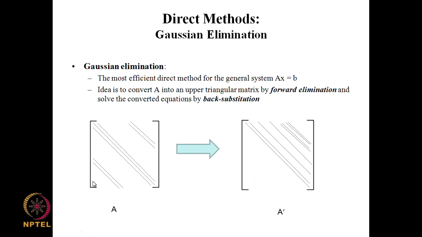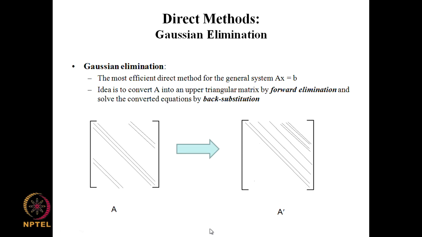In every row all the coefficients are present, but in the converted matrix all these elements are 0. For example, in the last row you will have some coefficient ann times xn equal to bn, where ann and bn are different from what we originally started with, but still it is an equation which contains only one variable xn.